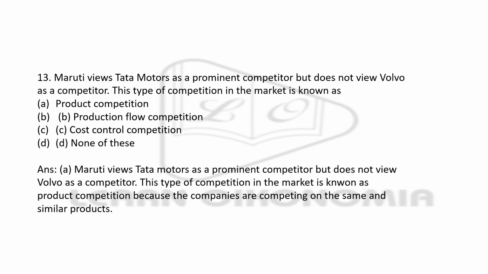The right answer is product competition, because you are given product competition, production flow competition, cost control competition, and none of these. The right answer is product competition, because this is the competition between companies regarding the same or similar products. These companies are producing similar products and competing on the basis of that. So this is product competition.